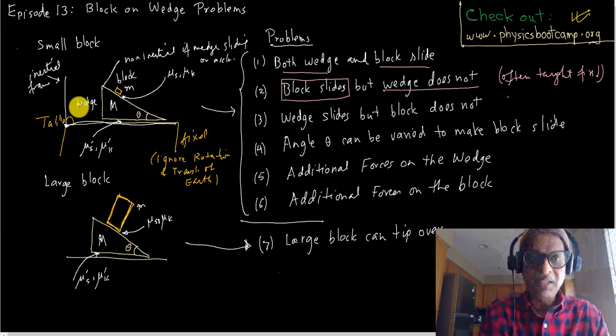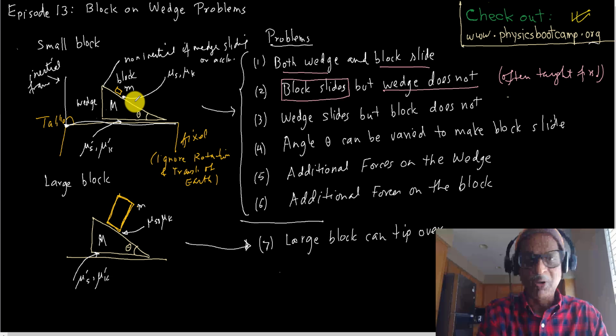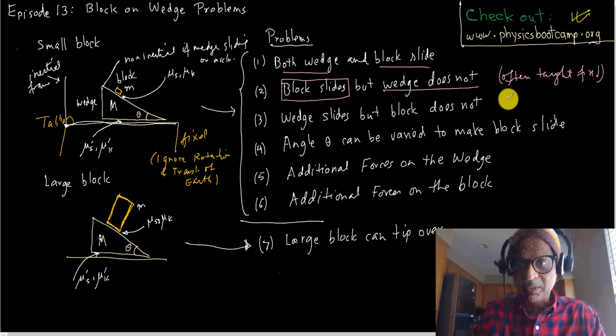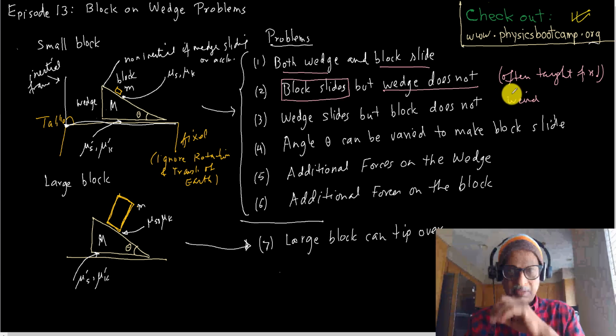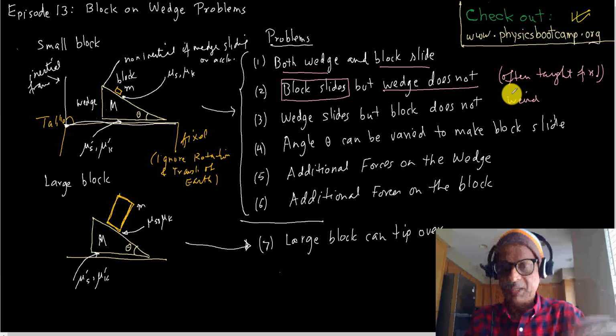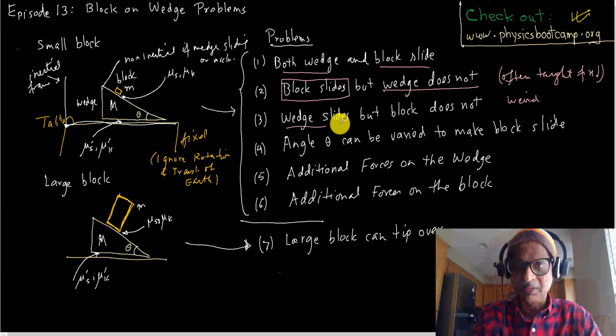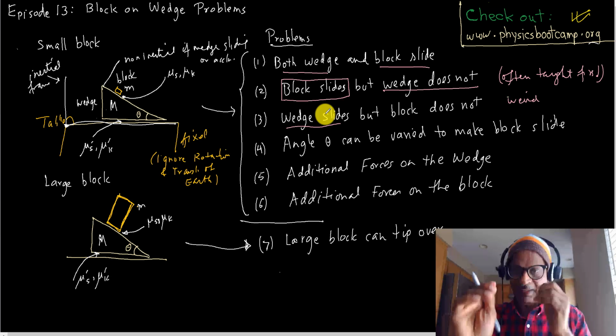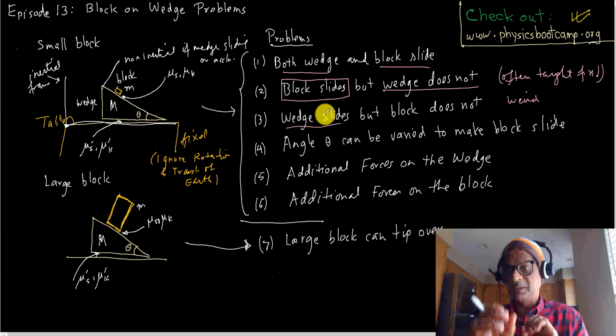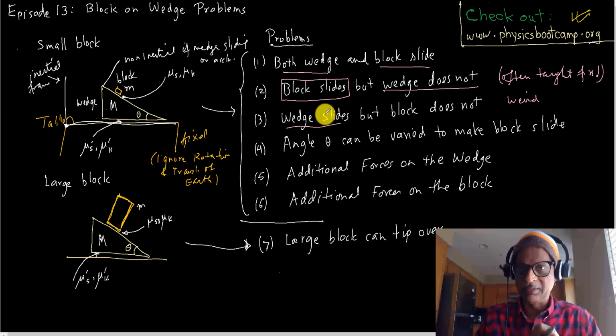Then you have a wedge sliding but the block doesn't slide. This is very weird, but there is a particular acceleration. If the wedge has acceleration, the block actually doesn't slide, and then you have to figure out what are the conditions under which the block does not slide.